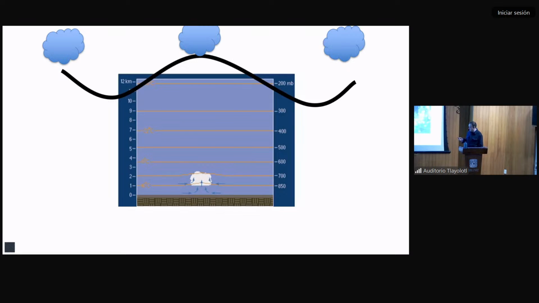And actually, these waves are really important. For example, a work by Christian, who is going to give a talk next to me, found that in this region of interest, summer precipitation is very associated with easterly waves.